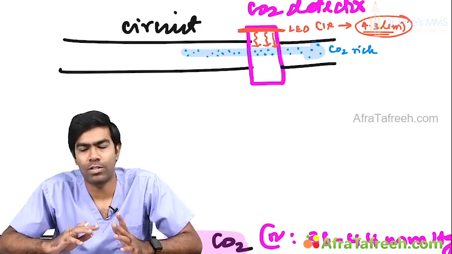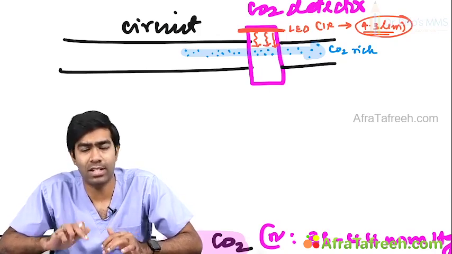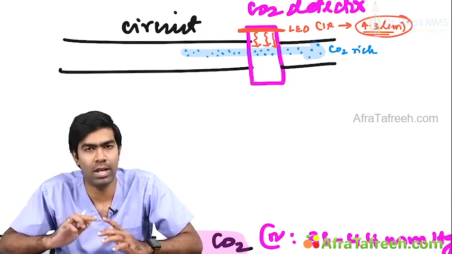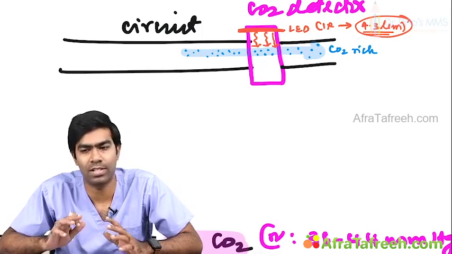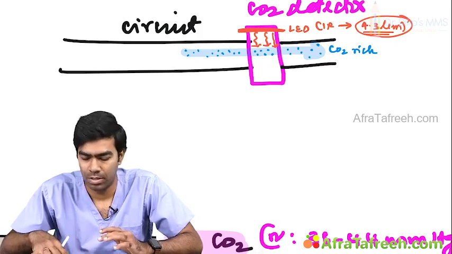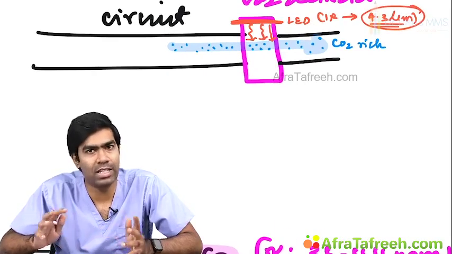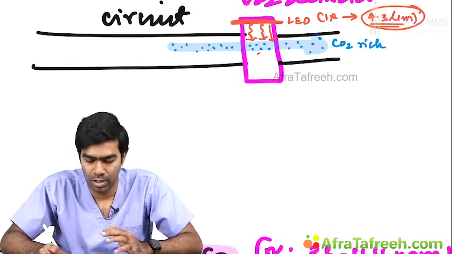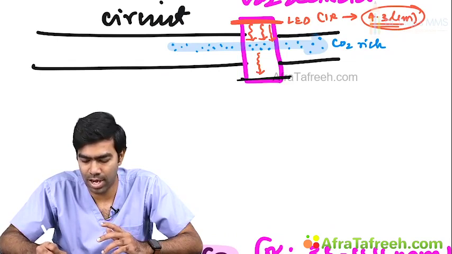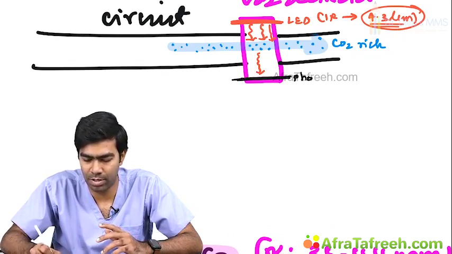Remember, your oxygen or nitrogen will not absorb this wavelength. That is why, to have no interference from other gases, we emit this 4.3 micrometer wavelength, which is absorbed only by carbon dioxide molecules. Once this wavelength is absorbed, whatever is left after absorption reaches the other end, where it is captured by a photodetector.